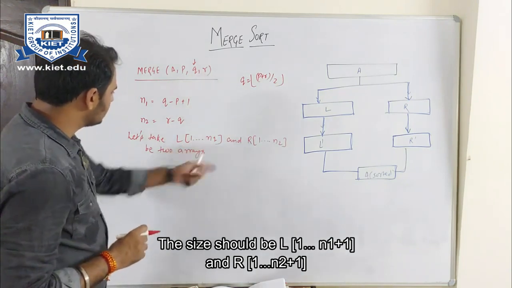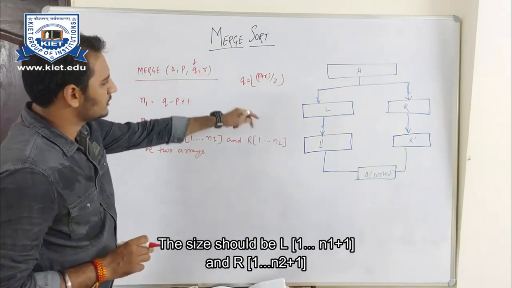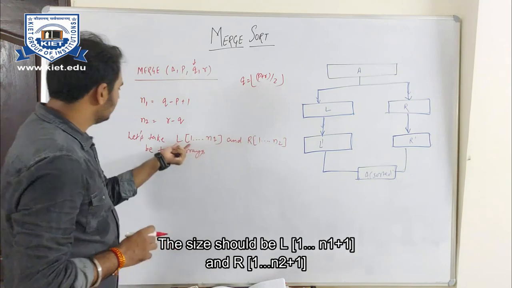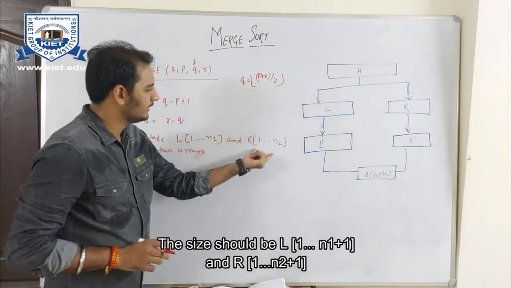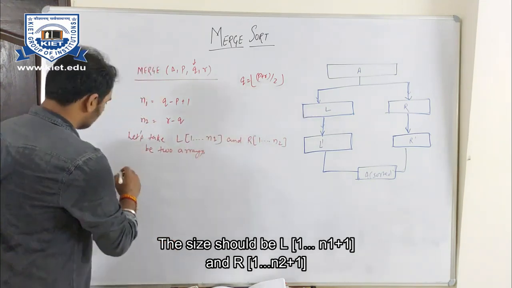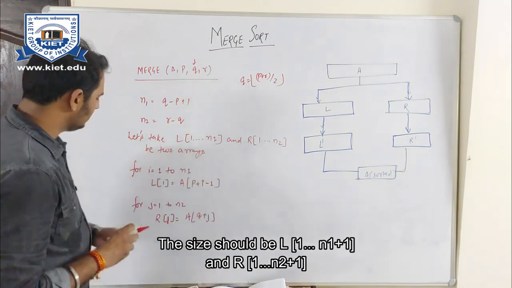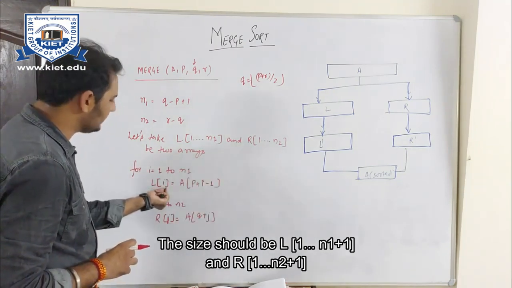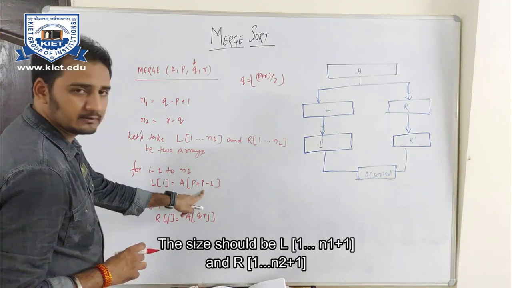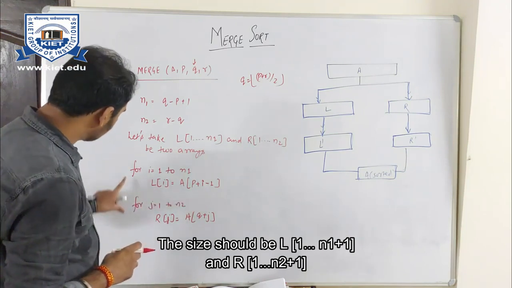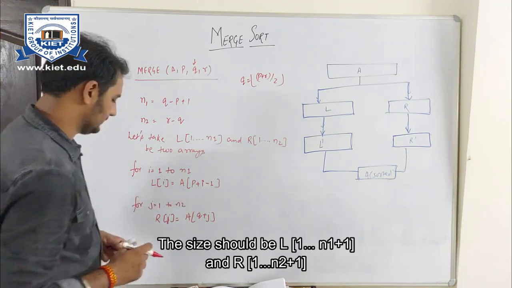We have taken two arrays and we will copy the elements of the left array into this left array and the right array into this right array. So to copy the elements, you are copying at L of i the value of this array. So we have copied both the parts of the array.